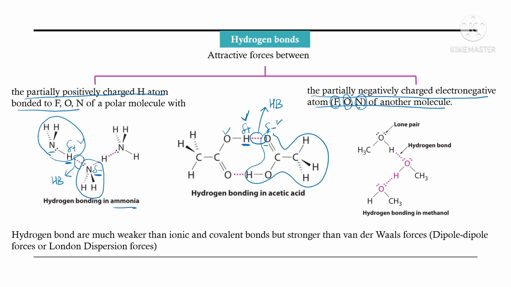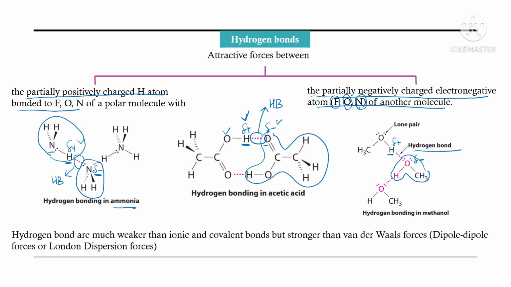And in methanol, why is this a hydrogen bond? It is because for this molecule, the hydrogen is partially positively charged because it is bonded to oxygen. And on another molecule, the oxygen is partially negatively charged because it is more electronegative than carbon and hydrogen.